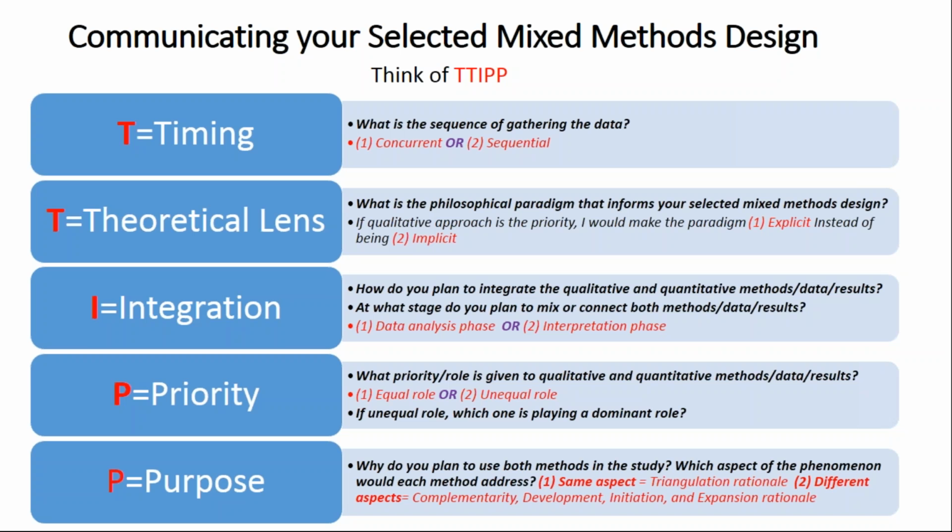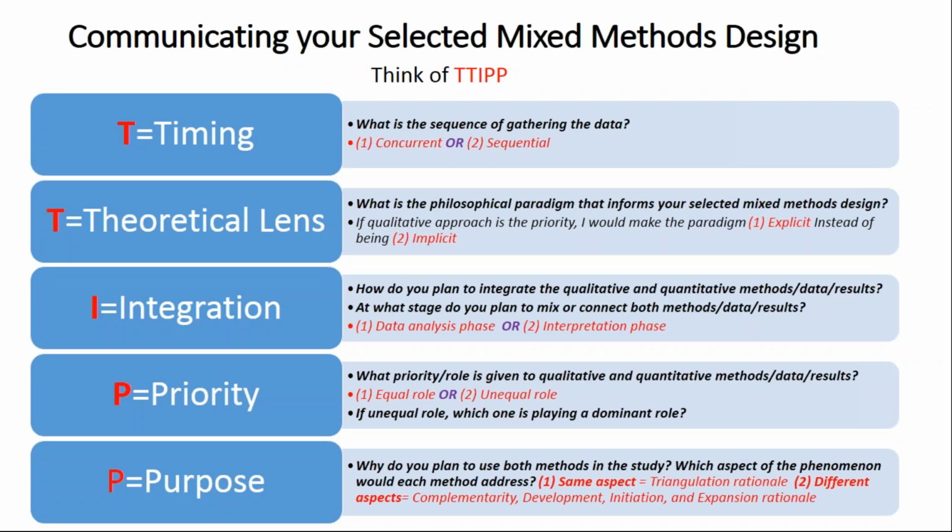If both data are addressing different aspects of the phenomenon, then one example is, let's say you are focusing on mental health issues and health-seeking behavior, and you use qualitative to better understand the mental health issues. And the second, the quantitative part, you want to measure the health-seeking behavior of participants. So you see that the two methodologies are addressing different parts, right?